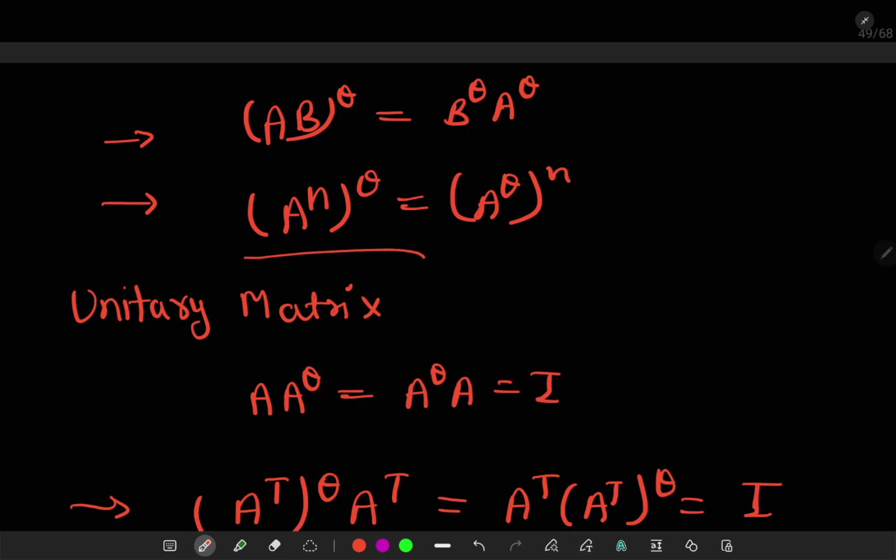Similarly, if we have a matrix with power n and we take its transpose conjugate, then we can interchange the dagger and the power n.